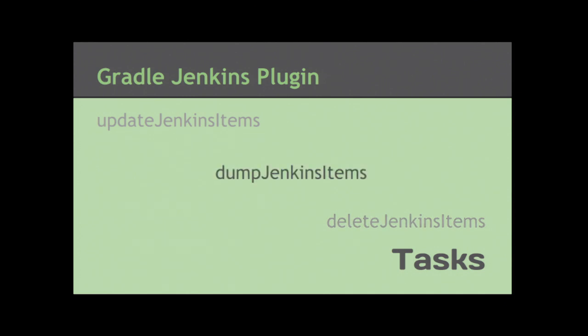You've also got the ability to dump the configuration. What this does is it dumps the static model, what you've got configured in Gradle, out to the file system, and then you can do whatever you want to with it. You can go in and look at it and validate if that's what you want to do. But you can also just run validate Jenkins items.